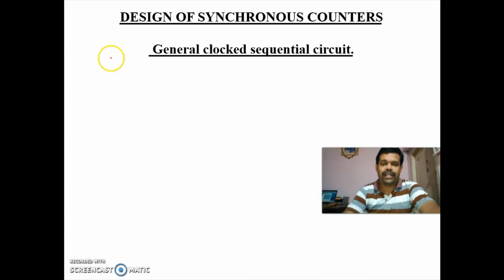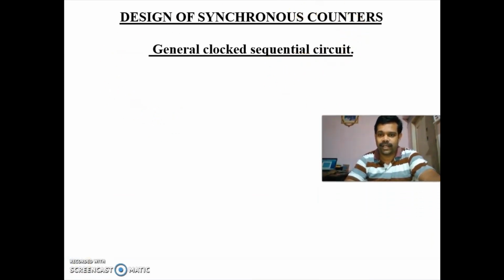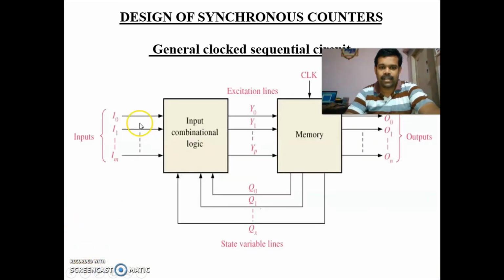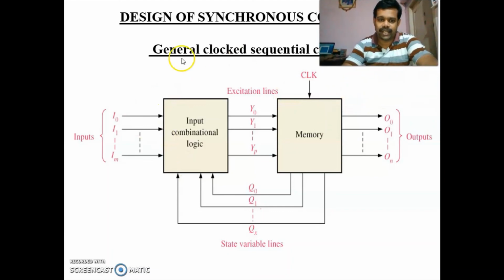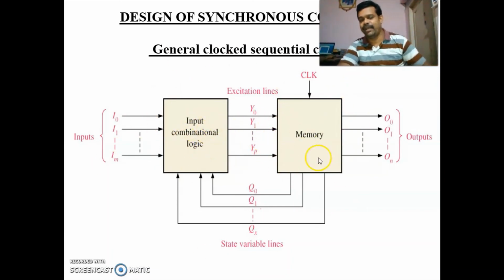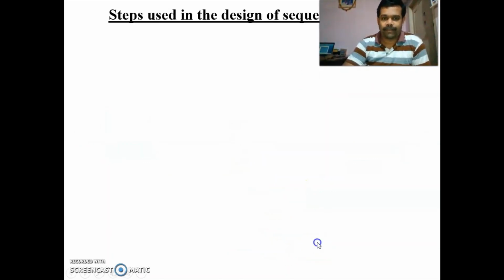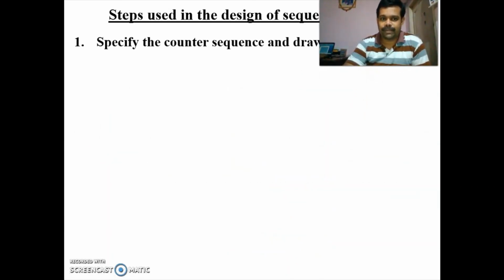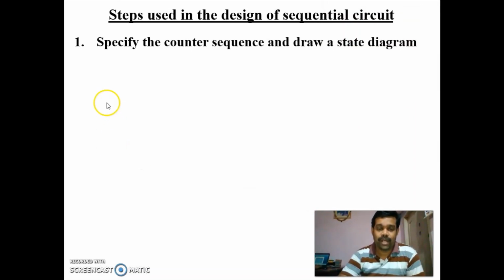Next we are going for the design of synchronous counter. So this is the general circuit of the sequential circuit. A sequential circuit will be having input and memory. Now we are going for the steps for the design of a sequential circuit. First, we have to specify the counter sequence and draw the state diagram.